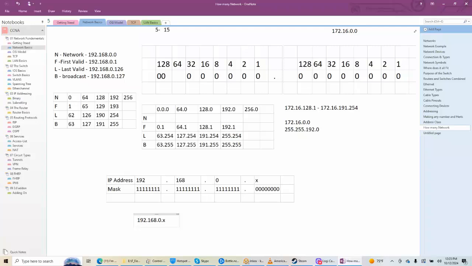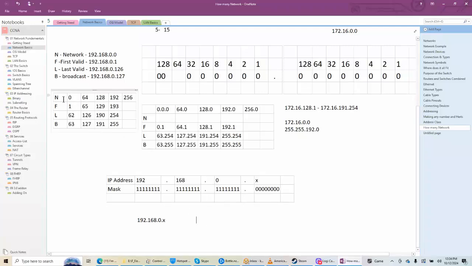All right, so now with our mask, we have a possibility of 254 addresses. That means we have our number schemes set up in a way where I like to call it NFL ball.